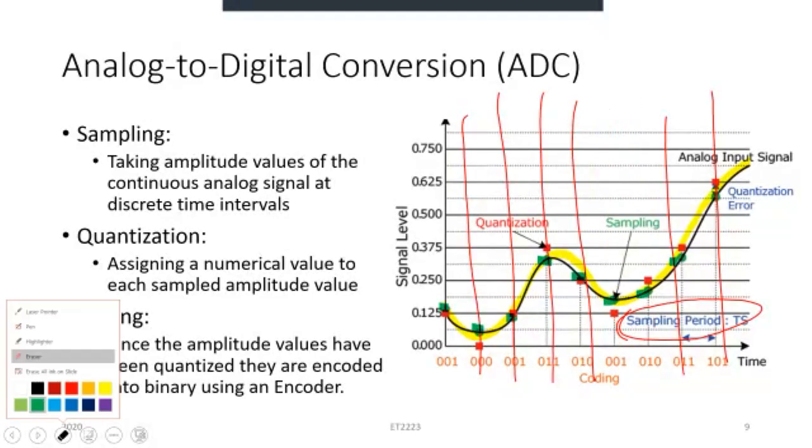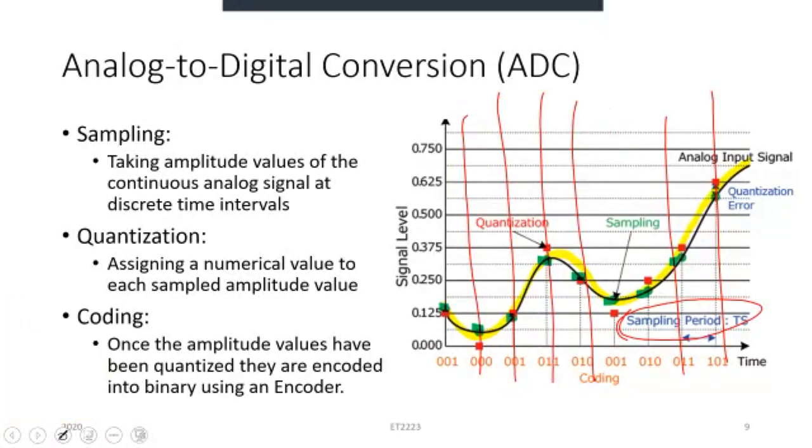Then, once we get a sampled value, another differentiation that we had with digital signals is that they don't have infinite values, because when we sample, we are still going to get an infinite amount of values. So we need to convert that into a finite amount of values, and that is what we do by quantization.